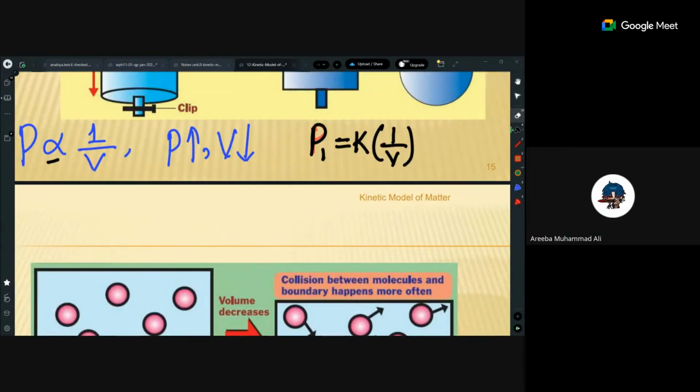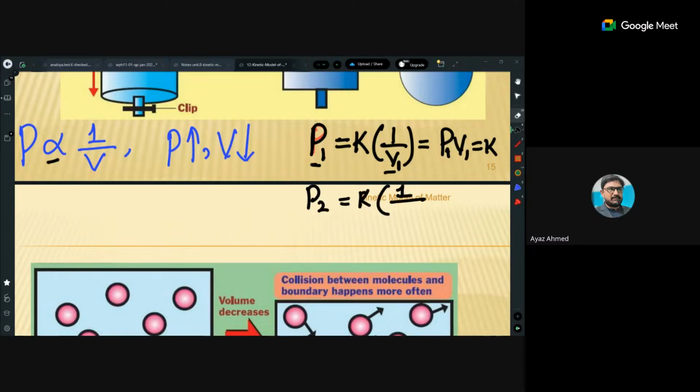When pressure was P1, volume is V1, so P1 V1 equals K. Now I have changed the pressure to P2, and the relation is the same: P2 V2 equals K. When I join these two equations, the right hand sides are the same, so the left hand sides are also the same.